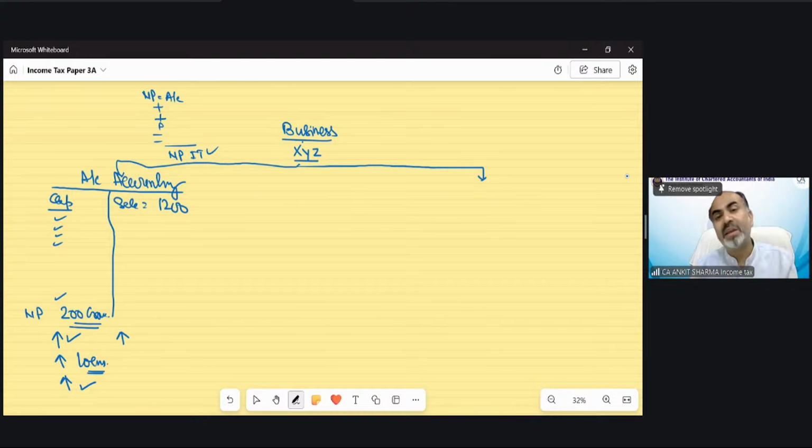Suppose it is a company. Of course, AMT is not applicable in case of a company. For a company, it's MAT. But the basic concept is the same. Suppose this XYZ is not a firm. Suppose it's a company, and shares are listed. So this company is going to distribute dividend also, because it has huge profit.